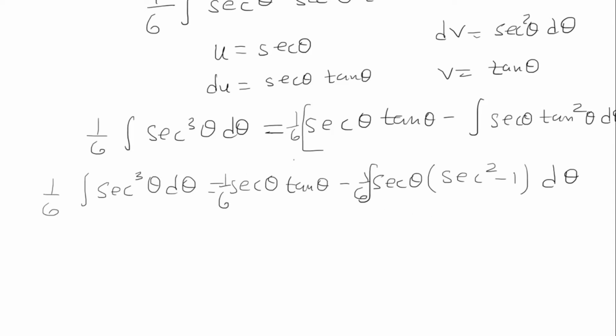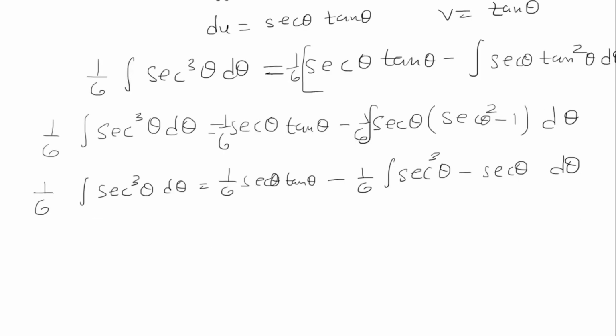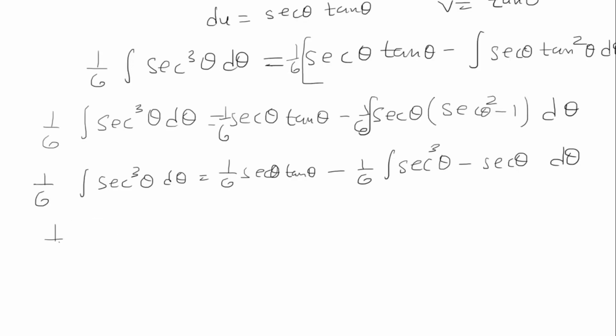Okay. All right, now we can simplify this further. So the secant times secant squared is secant cubed. And then we have secant times 1. So at this step, I'm going to add this integral 1/6 secant cubed to the other side.